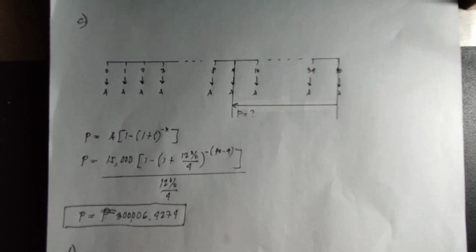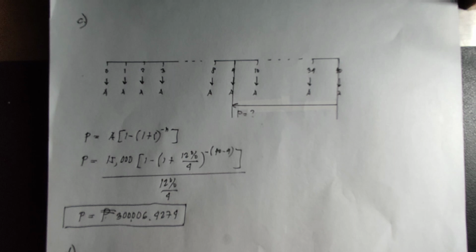We will use P = A multiplied by the value of 1 minus (1 + i) raised to negative n. Then let's substitute all the values. P = 15,000 multiplied by the quantity of 1 minus (1 + 12% over 4) raised to negative 40 minus 9, all over 12% over 4. Then we'll calculate that.